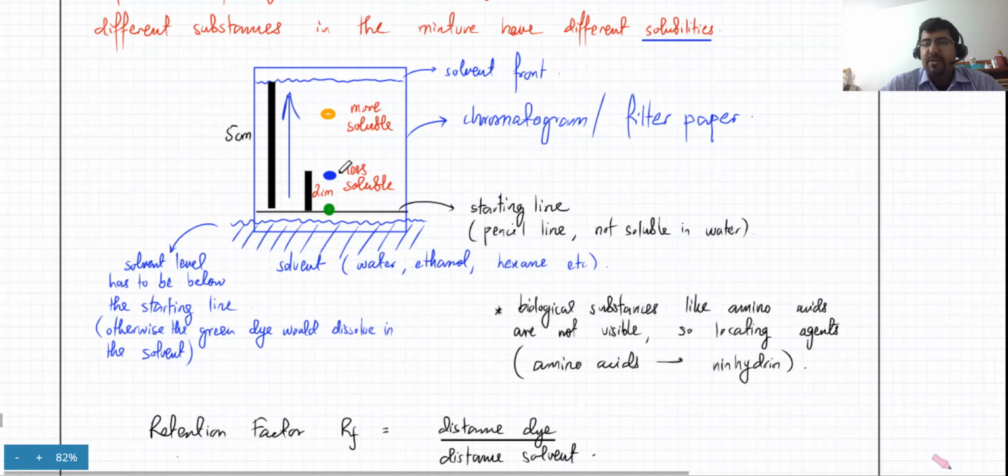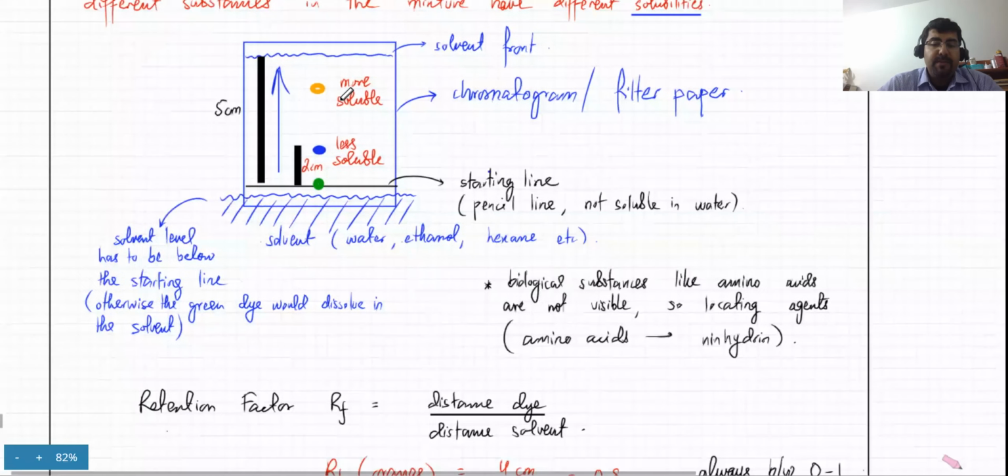The blue dye was not very soluble in the solvent and it was not traveling with it. So if the RF value is small, the distance that the dye is going to travel is going to be smaller. And if the RF value is large, the distance that the dye is going to travel is going to be much, much larger, and it's going to be more soluble.